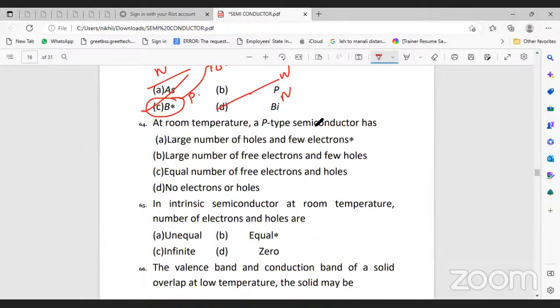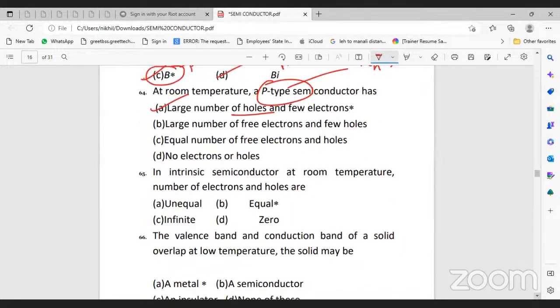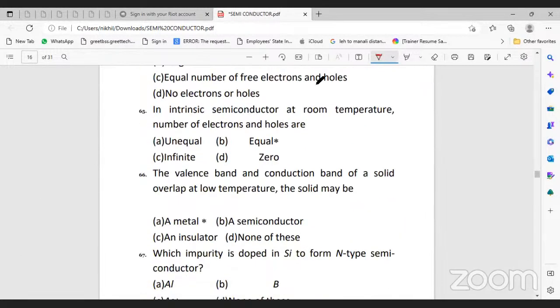At room temperature, a P-type semiconductor has a large number of holes, because for a P-type semiconductor, the number of holes is more than the number of electrons. In an intrinsic semiconductor, the number of electrons and holes are equal. Number of electrons and holes are equal in the case of a pure semiconductor.